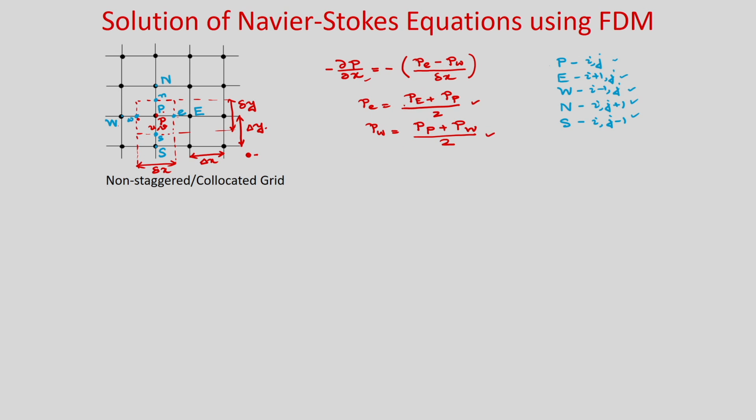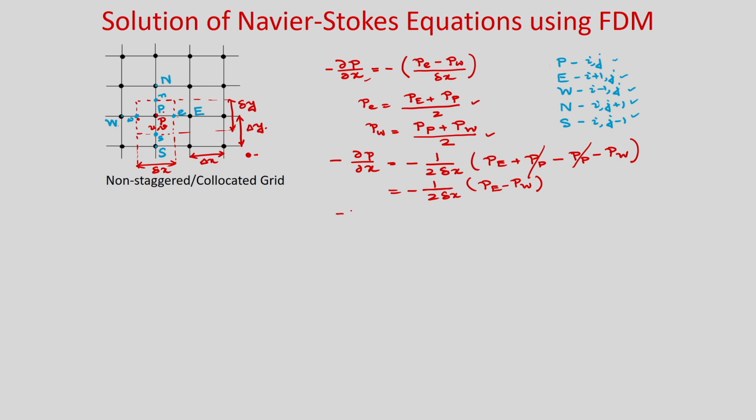If you substitute it here, then what you are going to get is minus del p by del x equals minus, let us take outside 2 delta x, then you will get P e plus P p minus P p minus P w, and this P p will get cancelled, then you will get minus 1 by 2 delta x (P e minus P w).